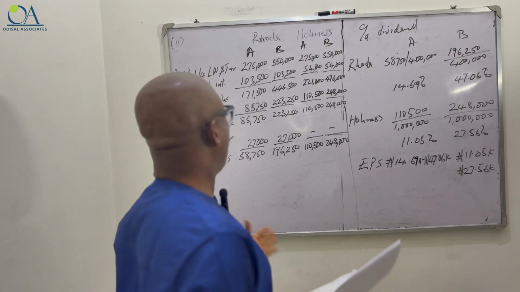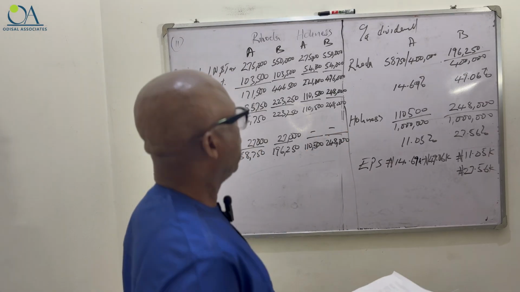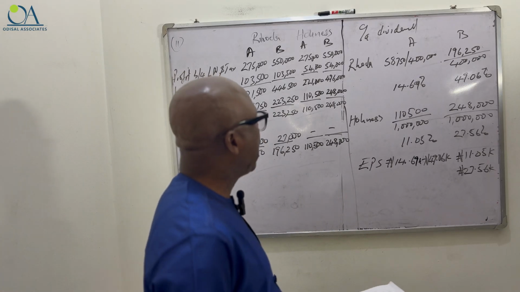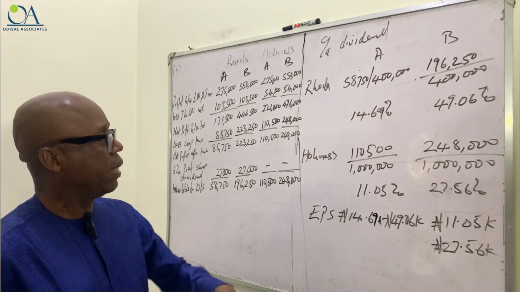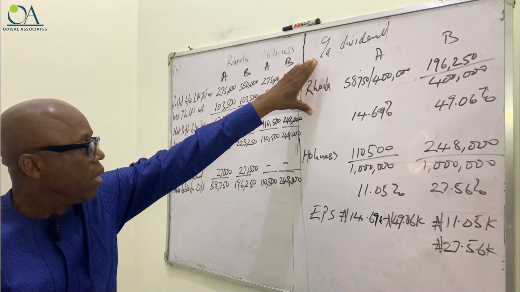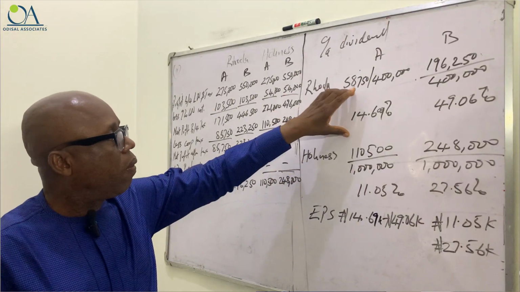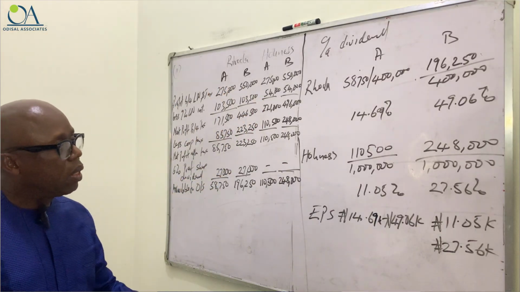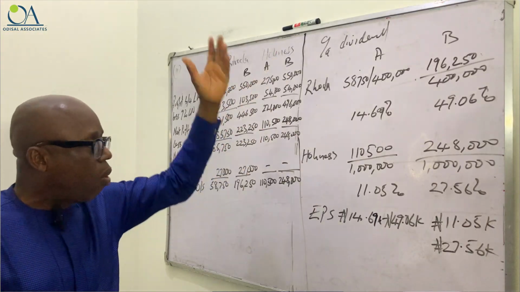Then the third question is asking us to say something about what we have solved. Now, if you look at what the owners of the business are getting in Rhoda that is highly geared, you will see that as the profit increases, what is available to them will be multiplied by 3 or more.